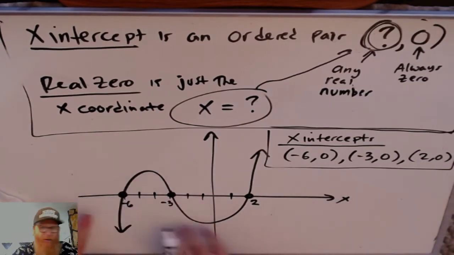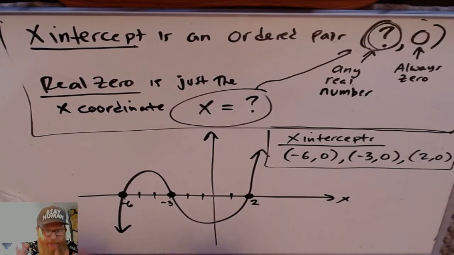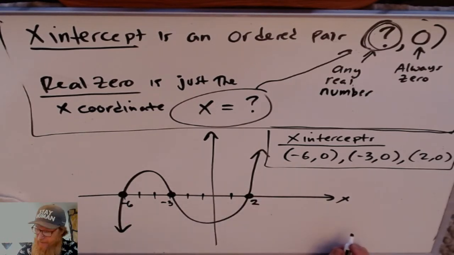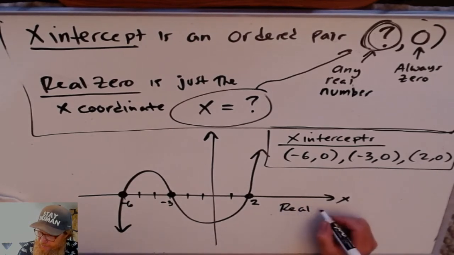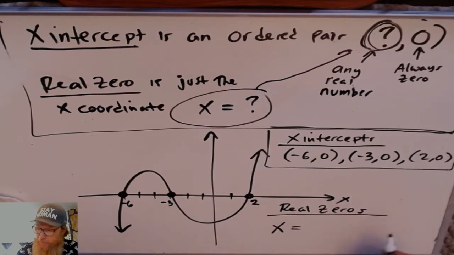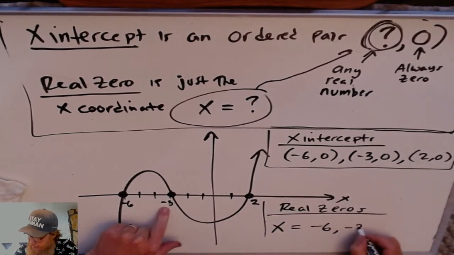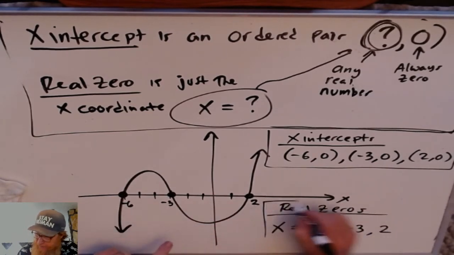Now, again, I'm skipping all the steps on how I got the graph. That's for a later lesson. In this lesson, I've already done the graph. And then real zeros, you simply list out the x's. -6, -3, 2.